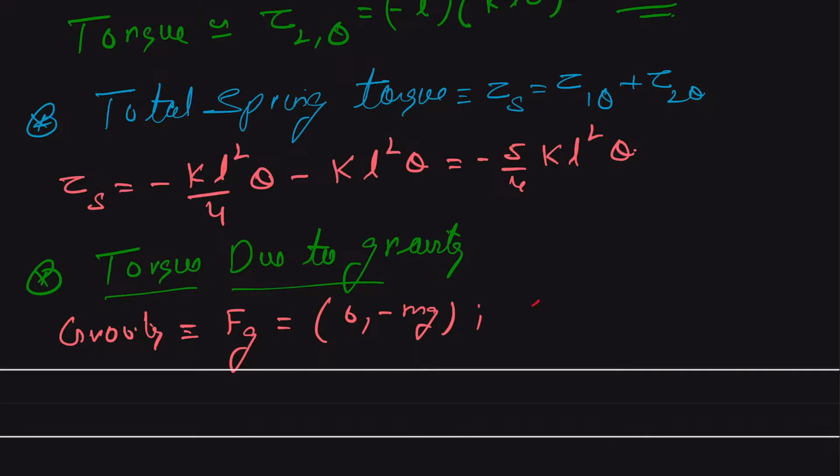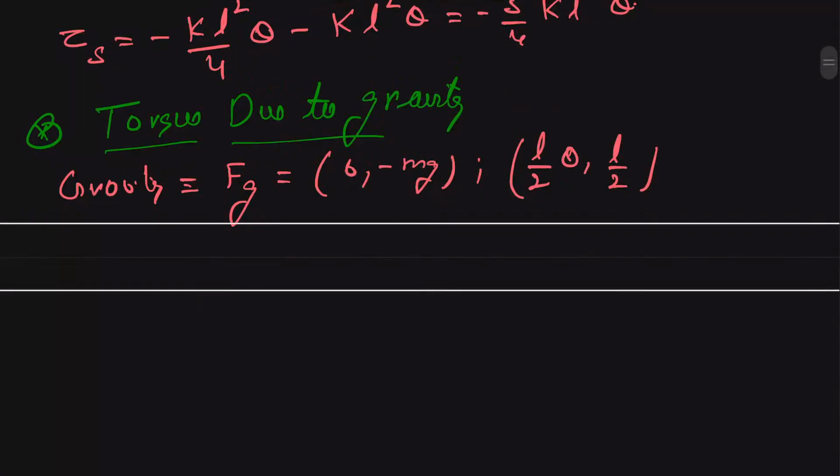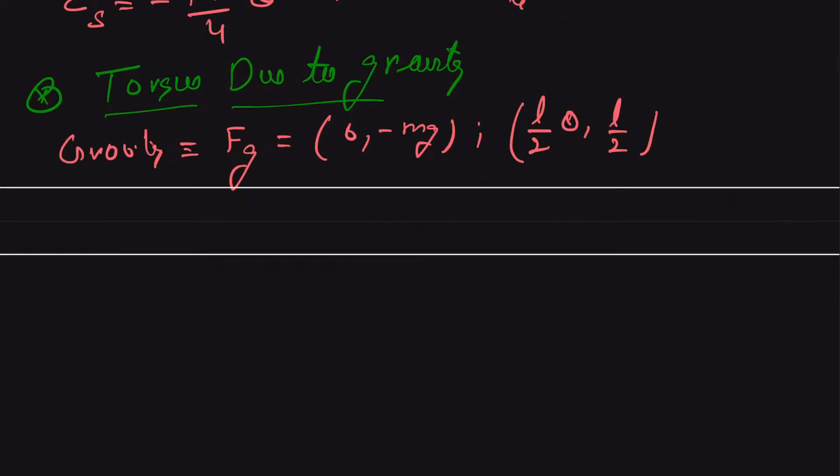So it will be acting at L by 2 theta comma L by 2. In this case, we assume that this rod is shifted toward the right. Okay, so the center of mass shifts toward the right. Therefore, our gravity produces a counterclockwise torque.